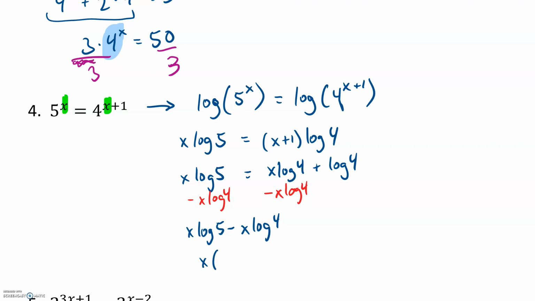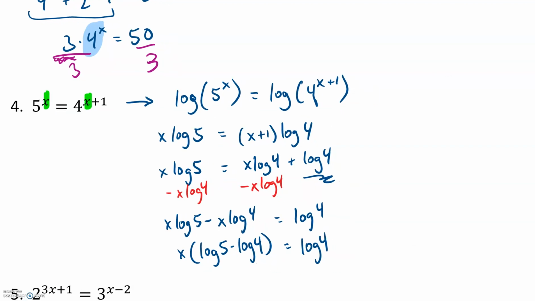And I can factor out an x from both of those. We have just this little old log of 4 on the right-hand side. So all of this is times x, so we can divide by all of that to get our final answer. So I have x equals log of 4 divided by log of 5 minus log of 4.